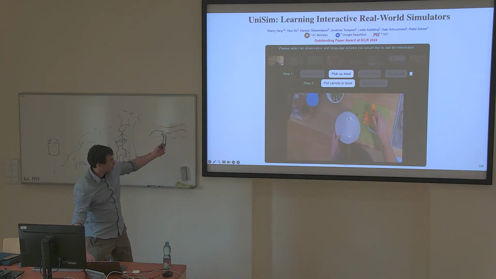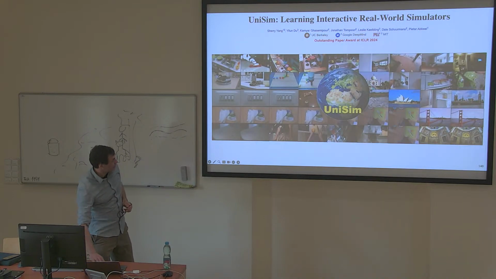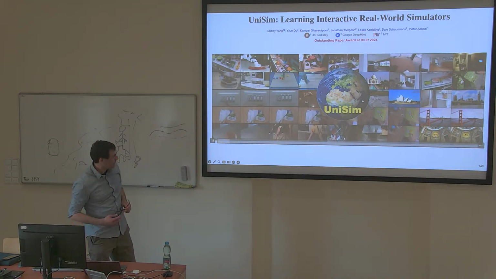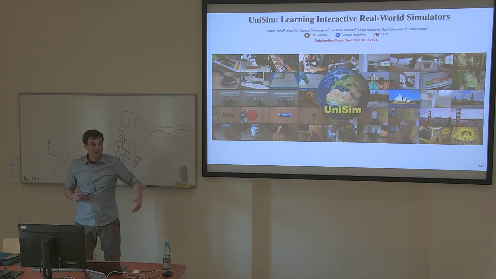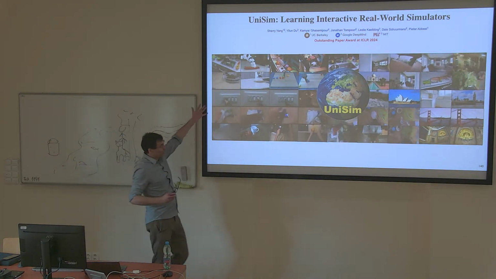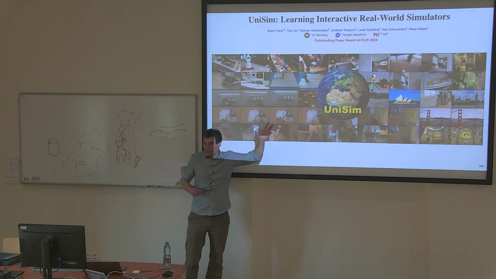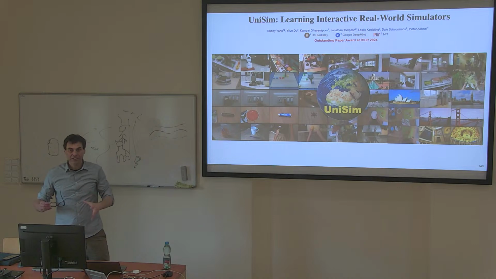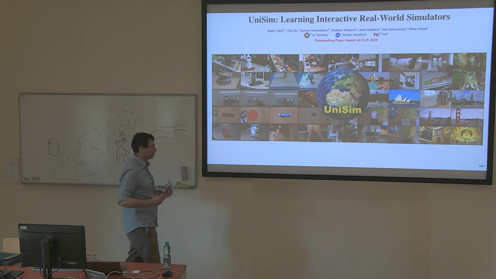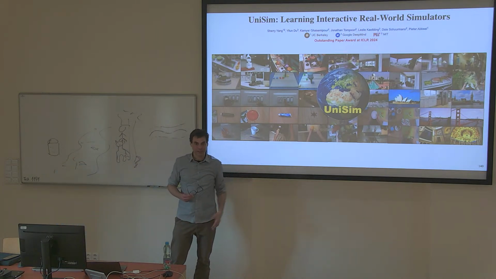This was a very nice work that won the best paper award at ICLR last year. Unisim: part of it may be real data, but the rest of it is generated. It's actually generating also the motion of the robot, depending on the action. So it's a different way of doing simulation. You don't simulate physics, but you train the model to generate what the world would look like if you do a specific action.